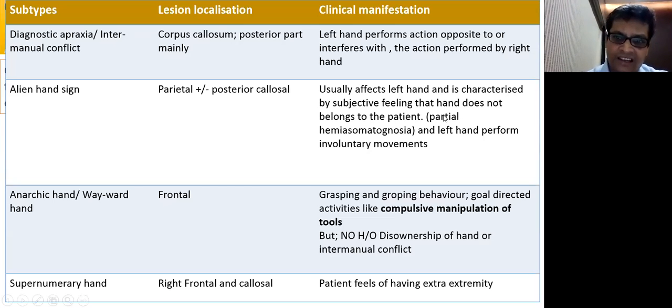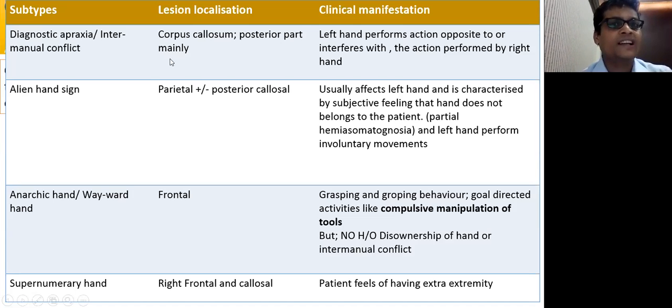Along with this, the patient also has cortical sensation impairment in the left upper limb, and the left upper limb performs involuntary, goal-directed movement, and they say, I don't have sensation in this limb, this limb seems foreign to me. So this is typical parietal alien hand.